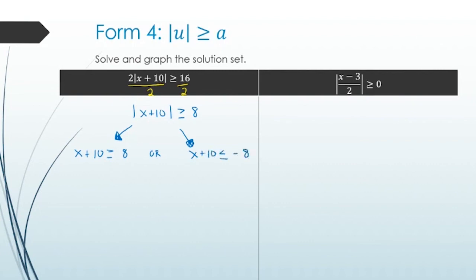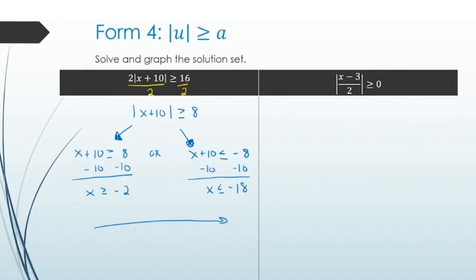So you switch the sign and you reverse the inequality. So now I solve both of these by subtracting 10 from both sides. We get x is greater than or equal to negative 2, and x is less than or equal to negative 18.